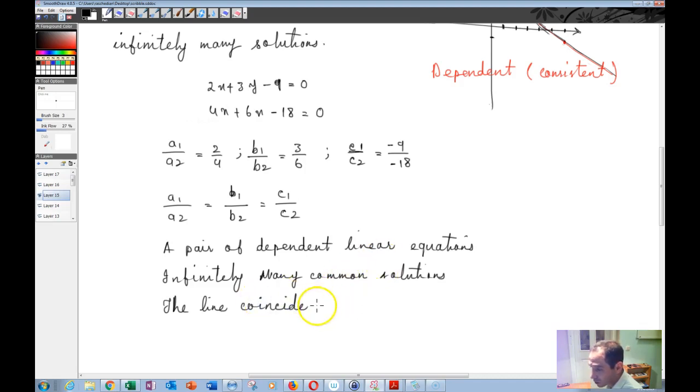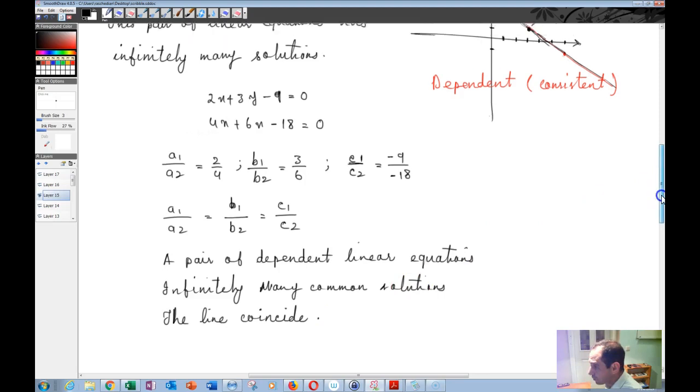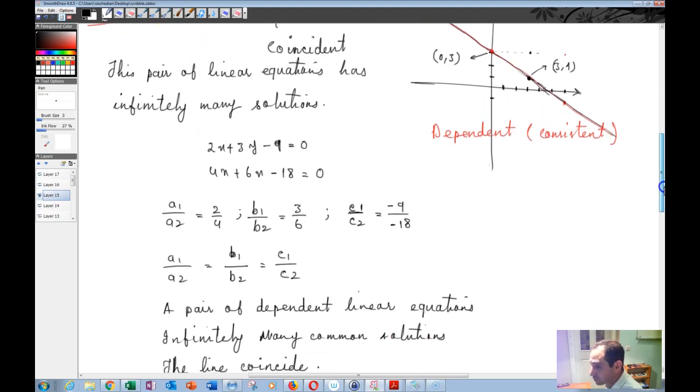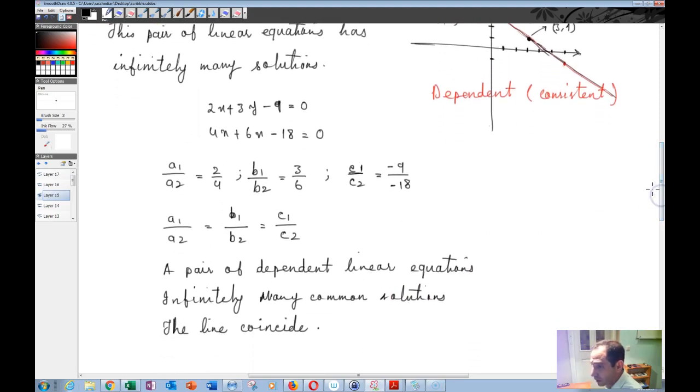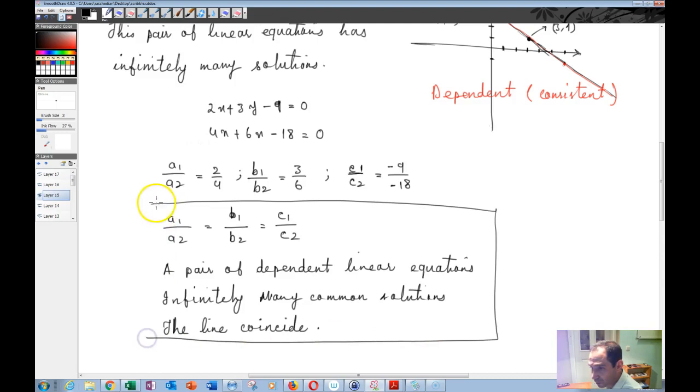That means that the lines actually coincide. And that's basically this whole situation over here.